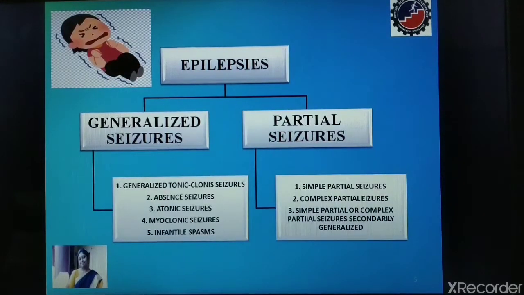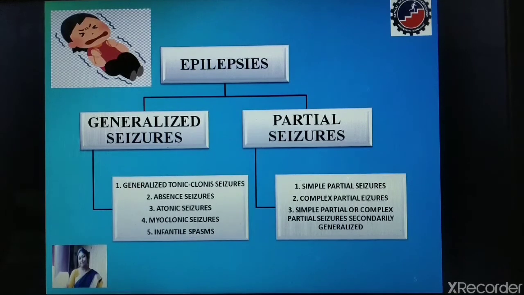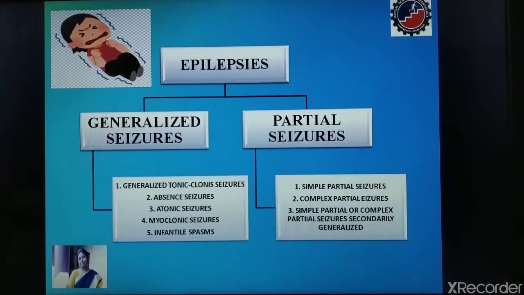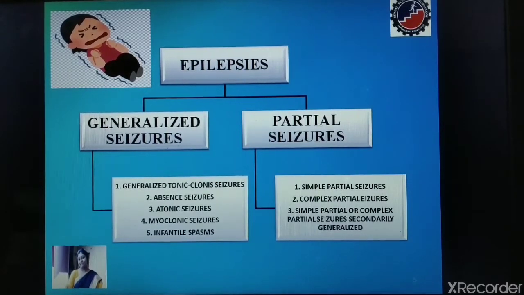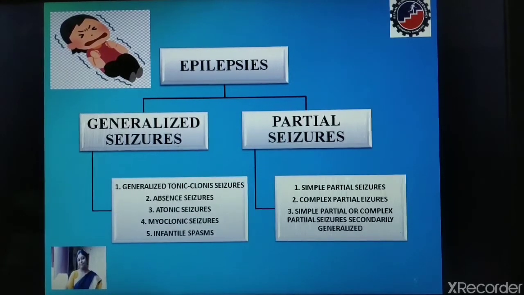Epilepsies can be broadly classified into generalized seizures and partial seizures. The clinical classification of epilepsy shows these two broad classes, that is generalized seizures and partial seizures. Now, this generalized and partial can again be subdivided into certain types.